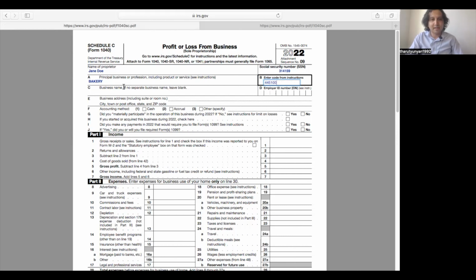Okay. Now the business name. So let's do those. Now, EIN, use this only if you have a separate EIN for the business. If you're using your own social, sole proprietors and single member LLCs are allowed to use their own social as a tax ID, you don't have to put a separate EIN. However, if you chose to get an EIN to keep your social private, you could do that as well.